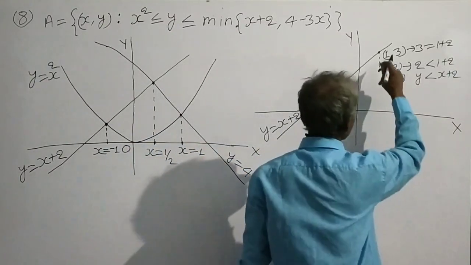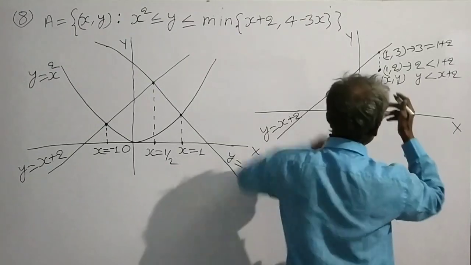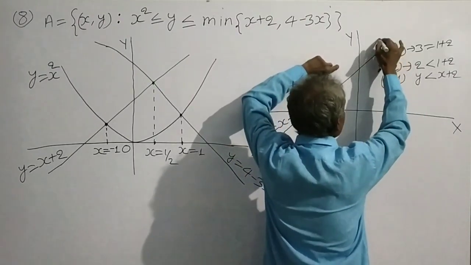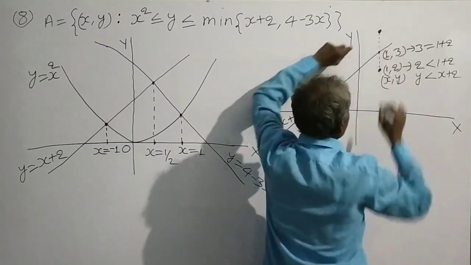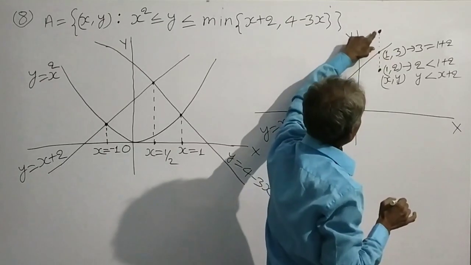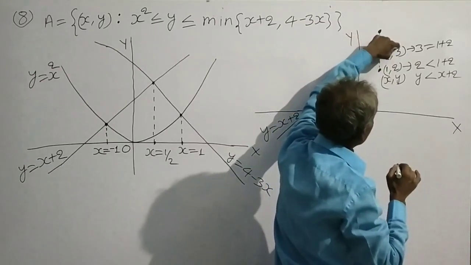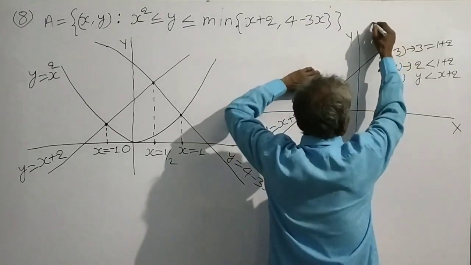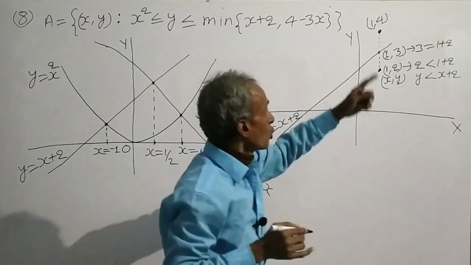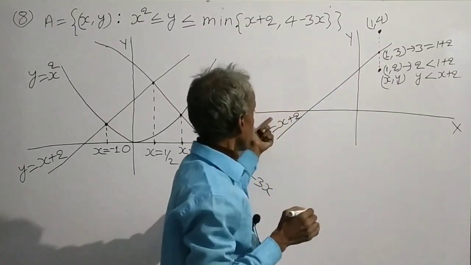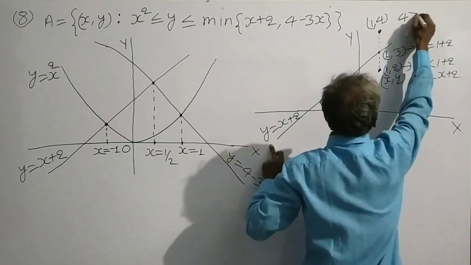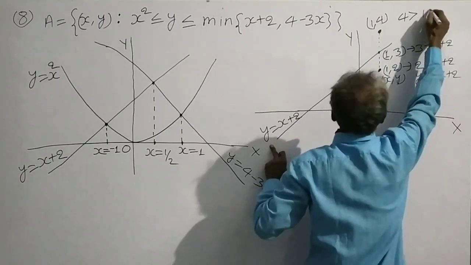Take a point which is 1 unit above this point. The x coordinate of this point will be 1, but the y coordinate will be 1 more than 3, that means 4. When we put the coordinate of this point in this equation, we see that 4 is greater than 1 plus 2.